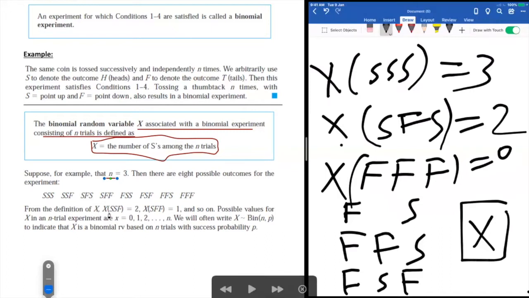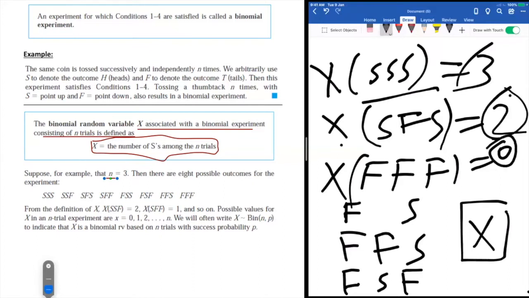As you can see here, X of SSF is equal to 2, X of SFF is equal to 1, and so on. So the possible values of X in an n-trial experiment are X equal to 0, 1, 2, 3, up to n. In this particular case, X can take the values 0, 1, 2, 3.